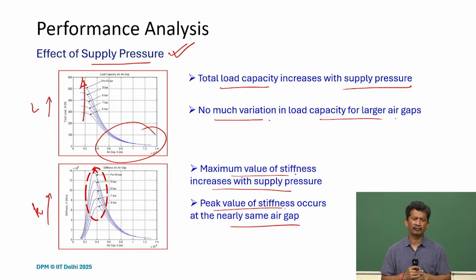So the restrictions are provided by these two restrictors, and it's a geometric parameter. Of course the stiffness is changing as a function of supply pressure, but where it happens, the air gap, is more or less fixed.